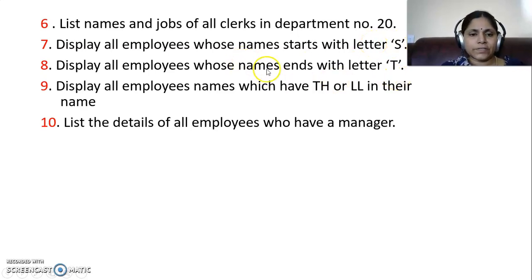Similarly for the eighth query also we should use like only. Ninth also, display all the employee names which have TH or LL in their name. For that also we should use like only. Tenth one, list the details of the employees who have a manager. Here also we need to use like only: select star from EMP where employee role like manager.